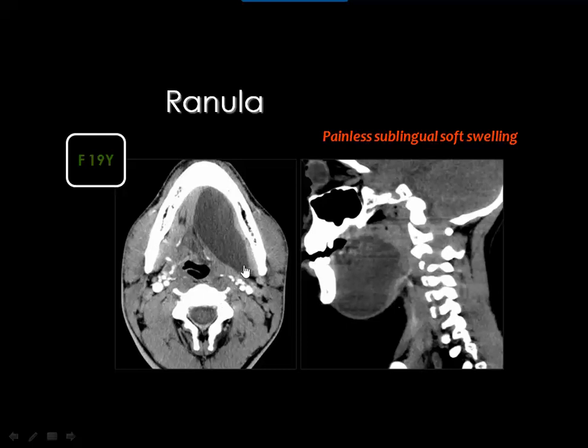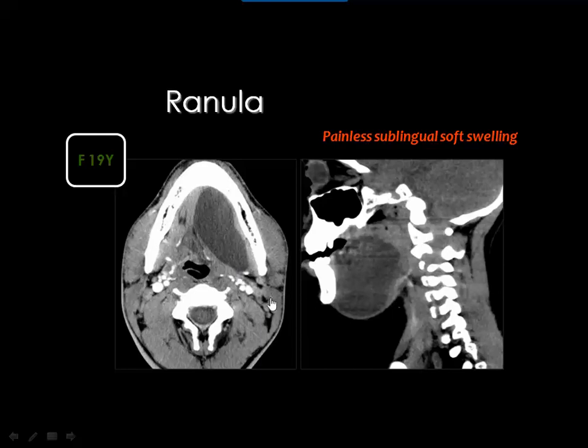This is the classic appearance of a ranula, a cystic lesion which is filled with fluid. There are no internal septations, no mural nodules, no calcium, and no contrast enhancement. And this cyst is classically off the midline.